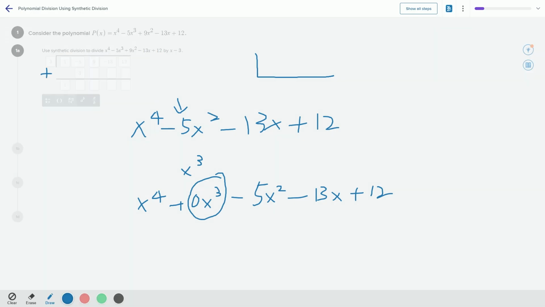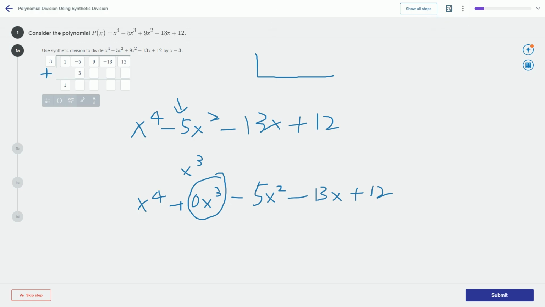So -5 plus 3 is -2. And you do -2 times the factor again. Whatever number you bring down, you multiply by the factor. So -2 times 3 is -6. What is 9 plus -6? 9 plus -6 is 3. Very simple, right? Now let's keep on going.